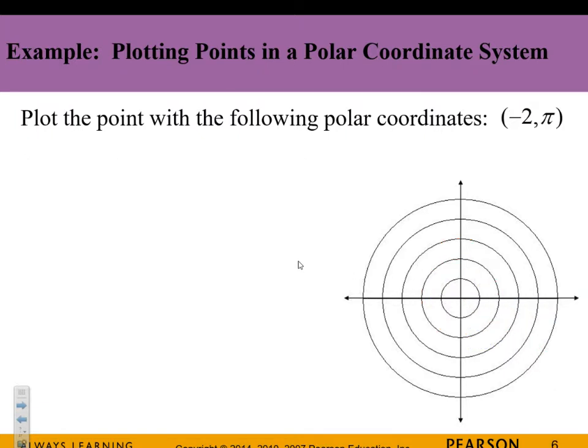Okay, so in this case, what is this asking us to graph? We're doing -2 radians. And you're at pi radians.